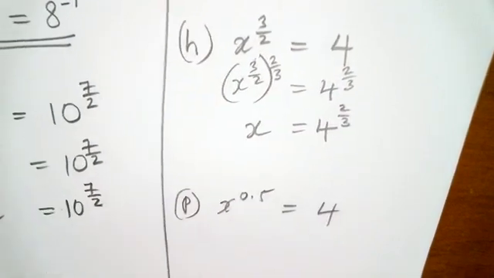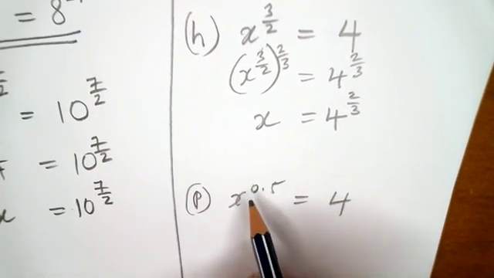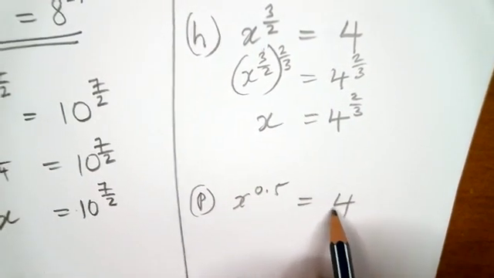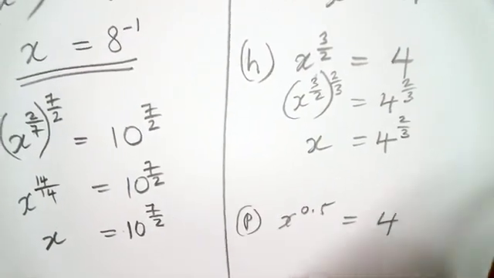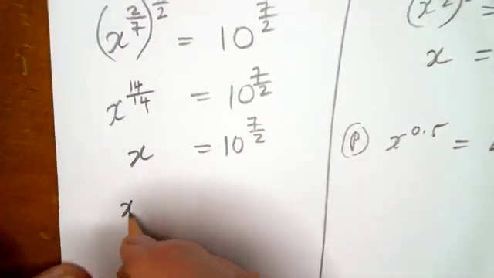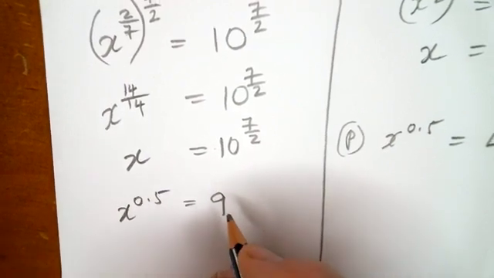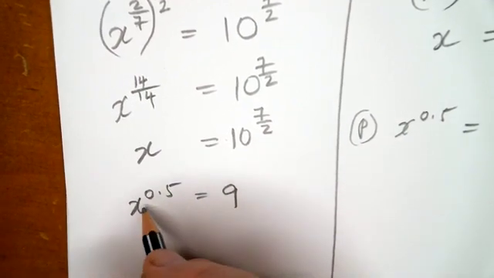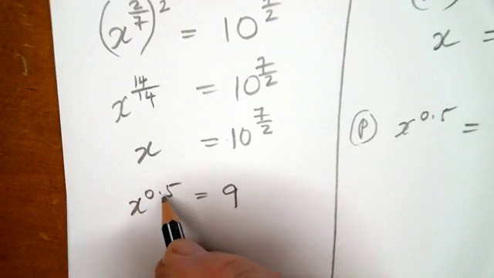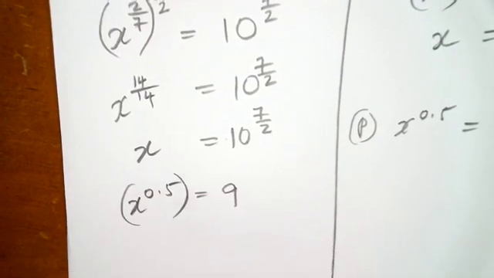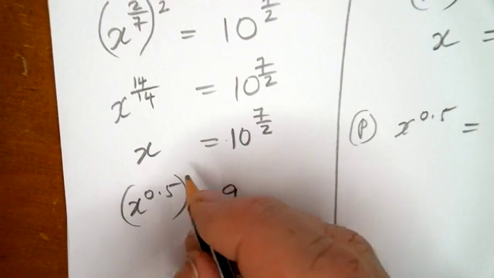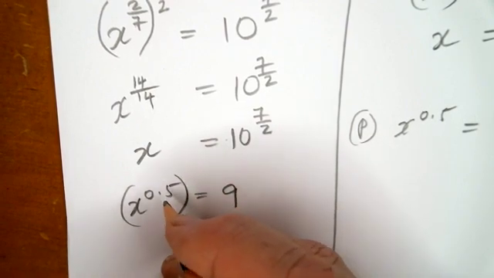Now the final one I've got here is a nice easy one. x to the 0.5 is equal to 4. Now if it's to the 0.5, it just means, if I've got x to the 0.5 is equal to, let's say, 9, then this just means a half.